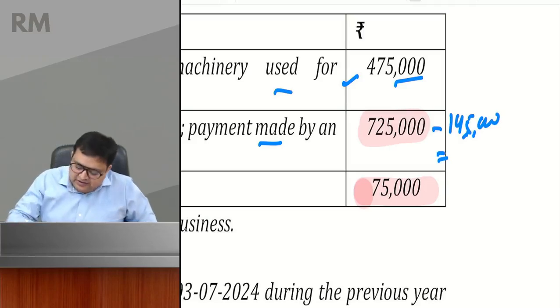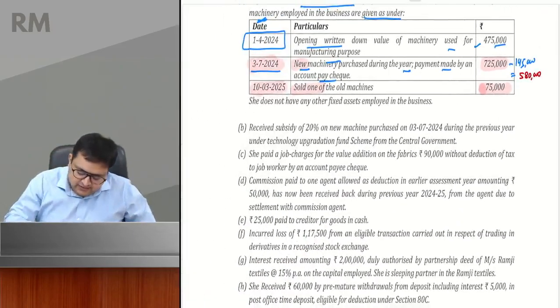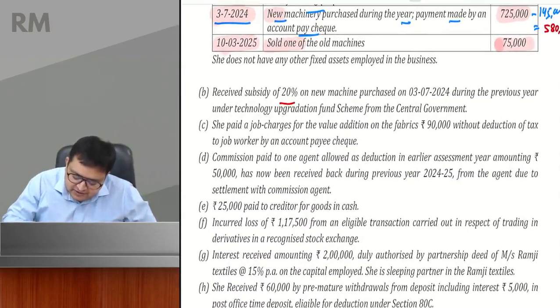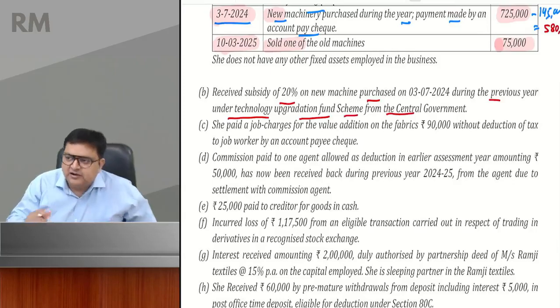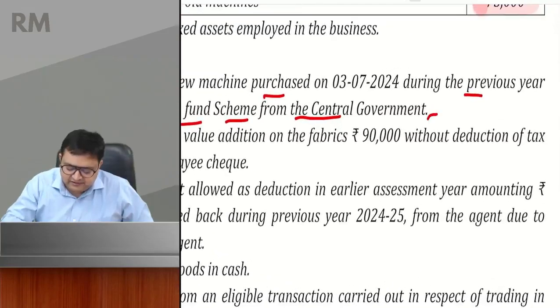Your asset will now be 5,80,000. Received a subsidy of 20% on the new machine during the previous year under the technology upgradation fund scheme from the central government. From wherever I have received the subsidy does not matter.